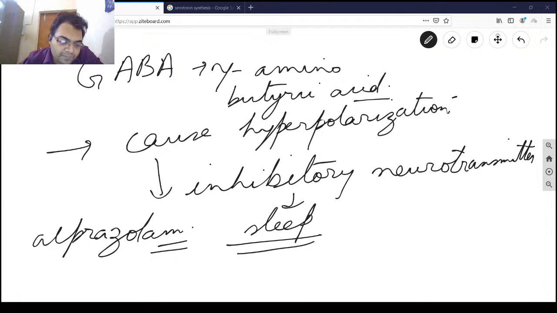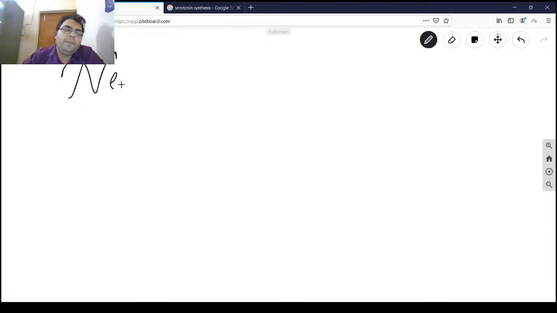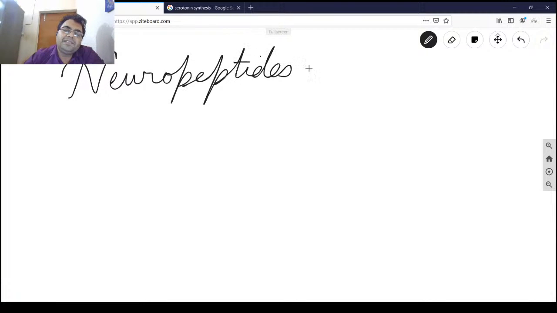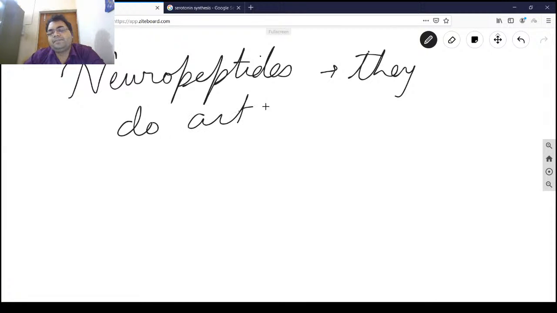So in a competitive examination you can write that neuropeptides, which are polypeptides secreted by the synaptic end bulbs, do act as neuromodulators.